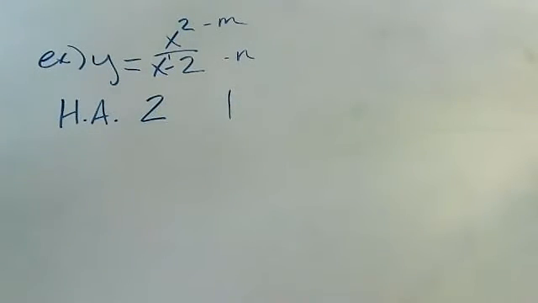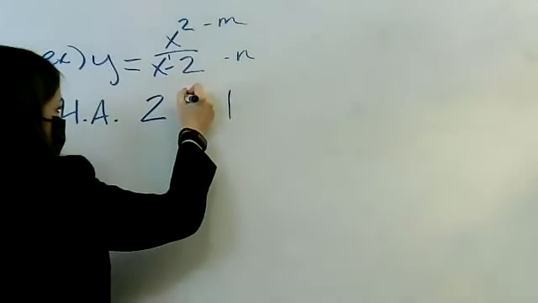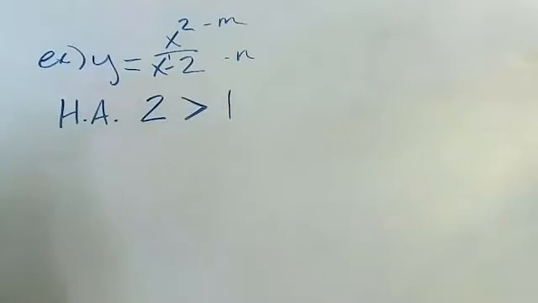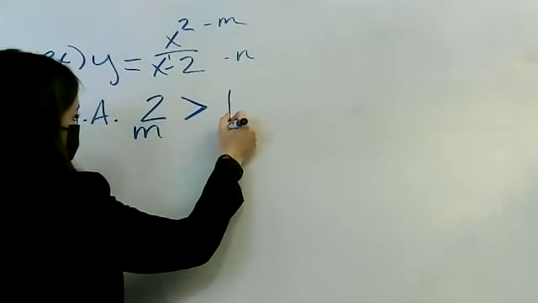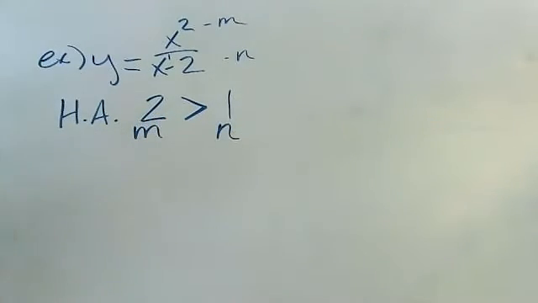Is 2 or 1 larger? 2. Okay, so that means we can put our little caret, or alligator sign, going that way. What we're saying is that our m is greater than our n, the exponent in our denominator.